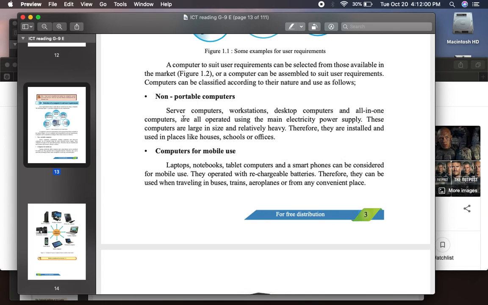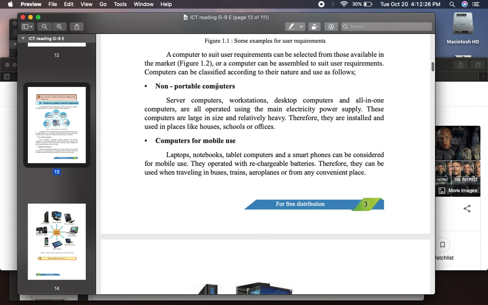Okay, so non-portable computers have characteristics like they are used using the main electricity power supply, they are large, they are heavy, and they are installed in places like houses, schools, or offices.